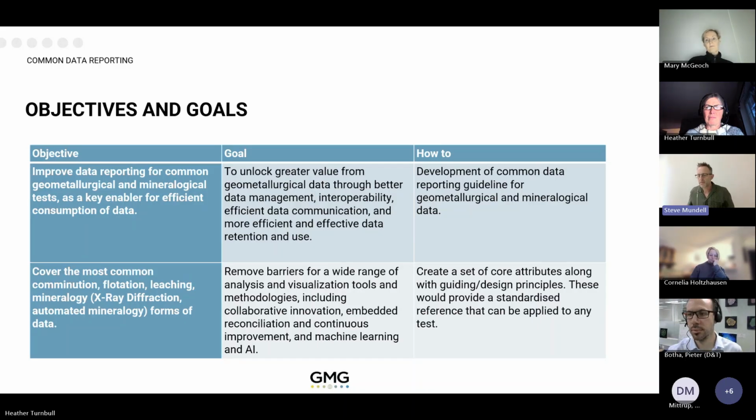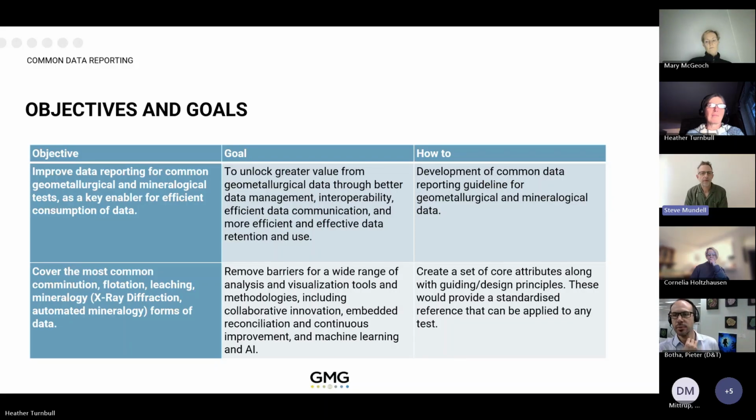If we look at some of our peers, some of the other communities around us, they have good or accepted guidelines and standards on how data is transferred between systems and between different groups. What that helps with is the ability to integrate this data through the industry and through the value chain.